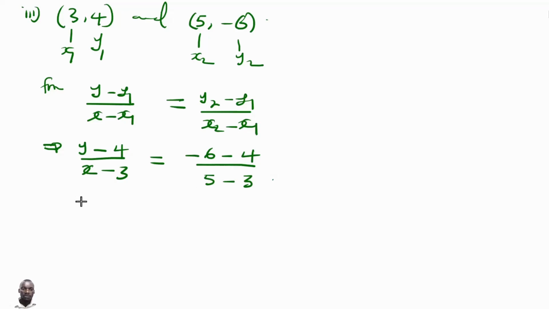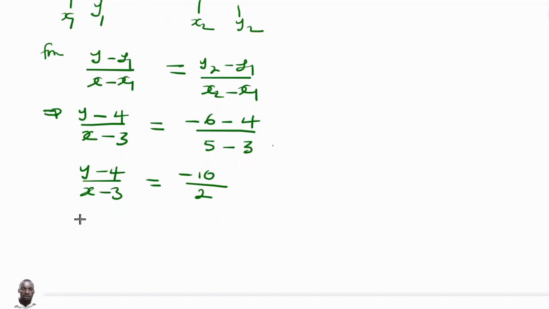As we simplify on the left hand side, we have y minus 4 divided by x minus 3 should be equal to negative 10 divided by 5 minus 3, which is 2. So we have y minus 4 divided by x minus 3 equal to, as we reduce by 2, negative 5 out of 1.